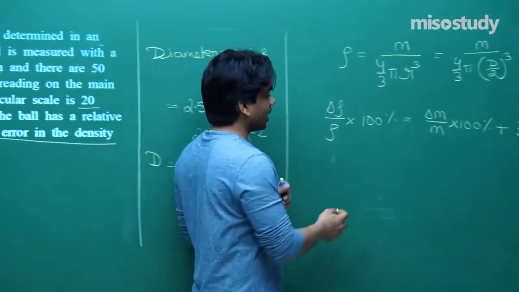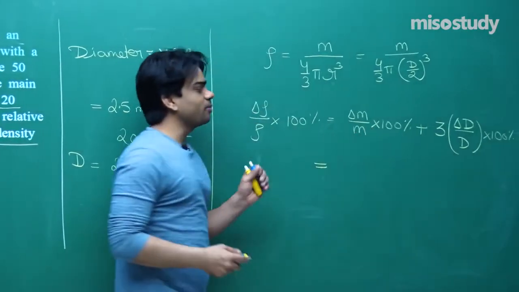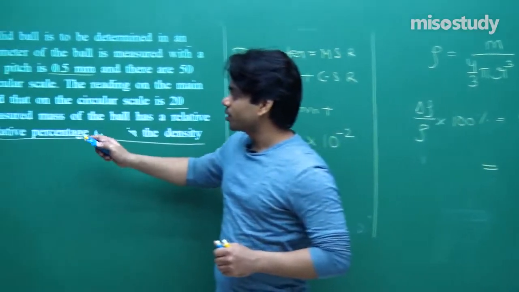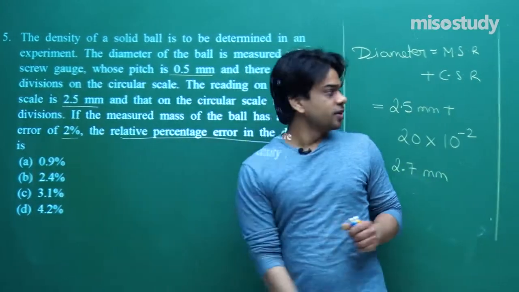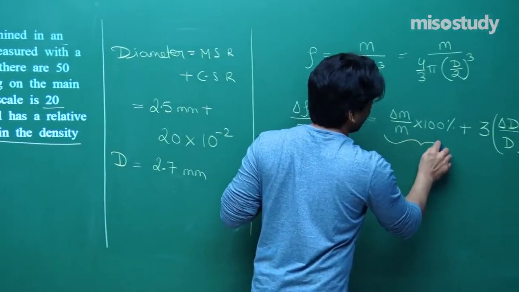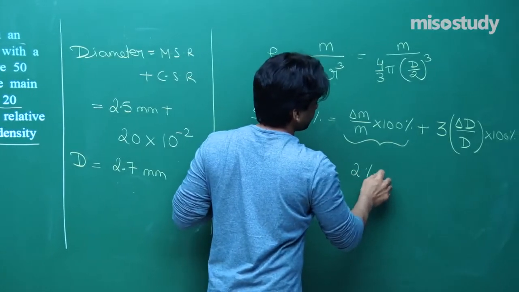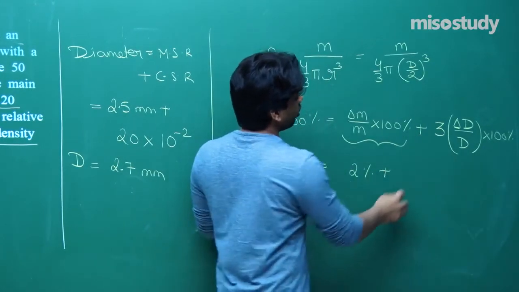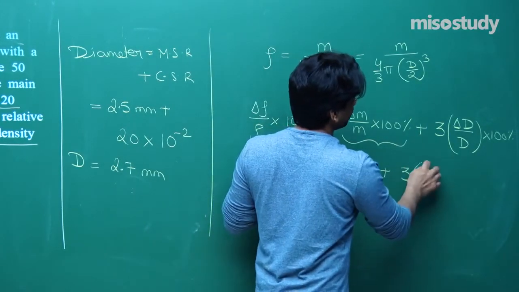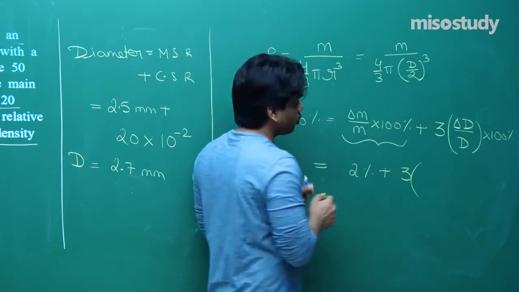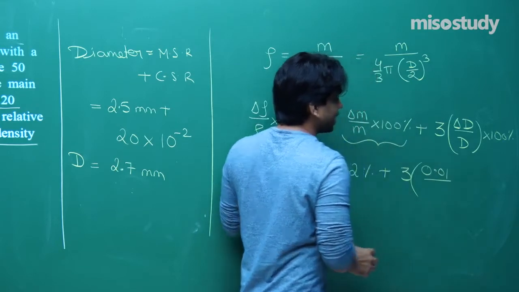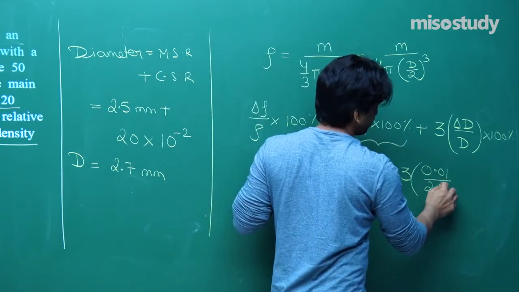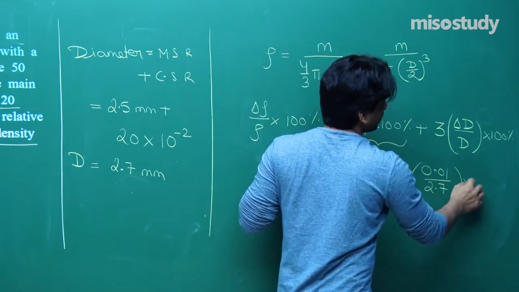So let me go ahead and write down delta m by m into 100%, that is the percentage error in mass, that is 2%. The measured mass of the mole has a relative error of 2%. So let me write down this value as 2% plus thrice of delta d, it was 10 to the power minus 2, so 0.01, divided by the value of d, that is 2.7, multiplied with 100%.